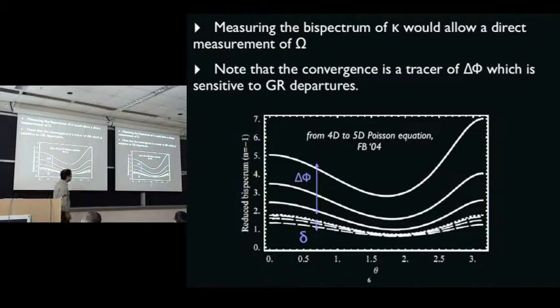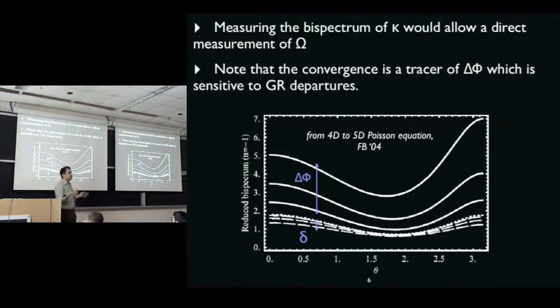Now, just to finish this thing about departure from GR, for a similar reason, kappa is also sensitive to departure from GR. It's because kappa is not the density contrast, it's actually the unnormalized Laplacian of phi, and so this is the left-hand side of the Poisson equation, not the right-hand side.